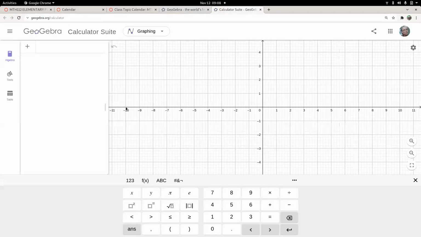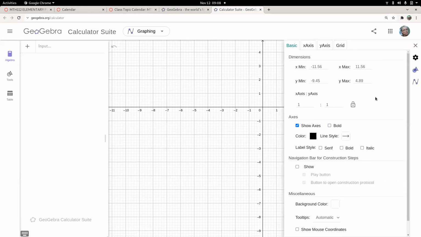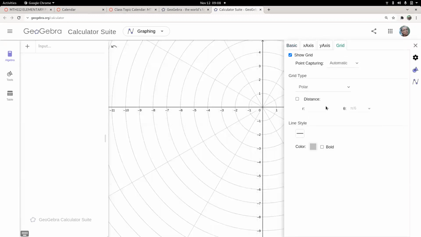And the other thing I like about GeoGebra, instead of a grid here, I can go to settings and change the grid to polar. And it's scaling by pi over 6 here. So you could pick a different scaling factor if you click on distance, and then you can rescale by pi over 12, which is what I'm about to do.